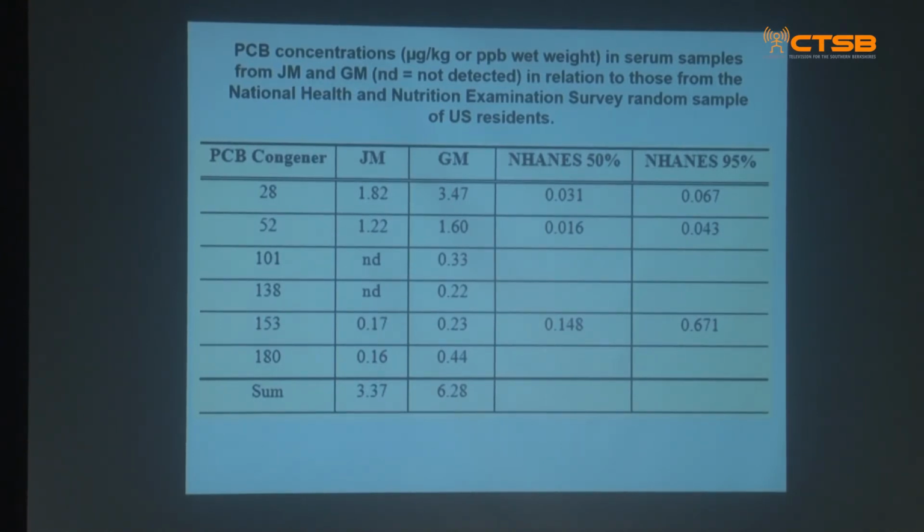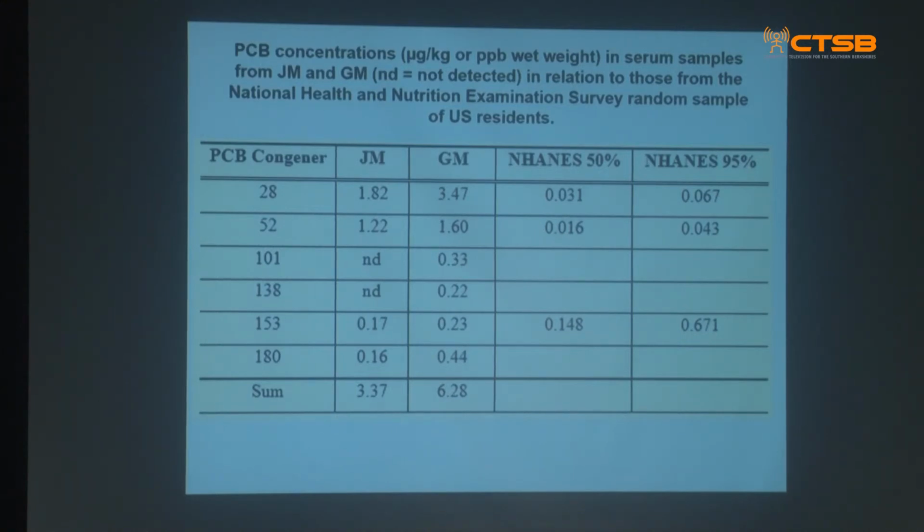And look at their levels, 1.82, as compared to the average background in the US of that particular PCB of 0.03. So he and she both had sky-high levels of these lower chlorinated congeners. The same is true for PCB 52.